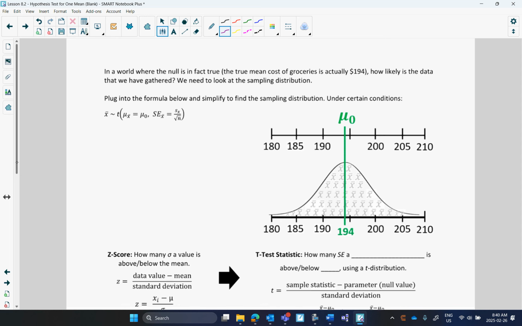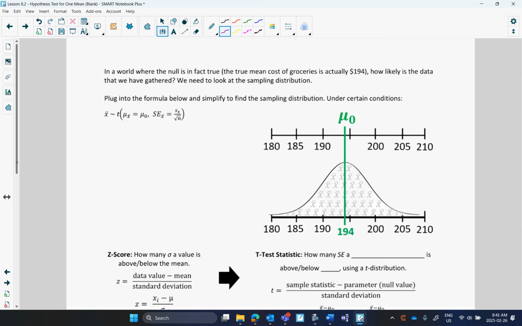The degrees of freedom is always the sample size minus 1. If there's a high degrees of freedom, the t-distribution looks very close to a normal. If there's a low degrees of freedom, the t-distribution is a little bit wider. It still takes a normal shape, but it's wider than the normal.